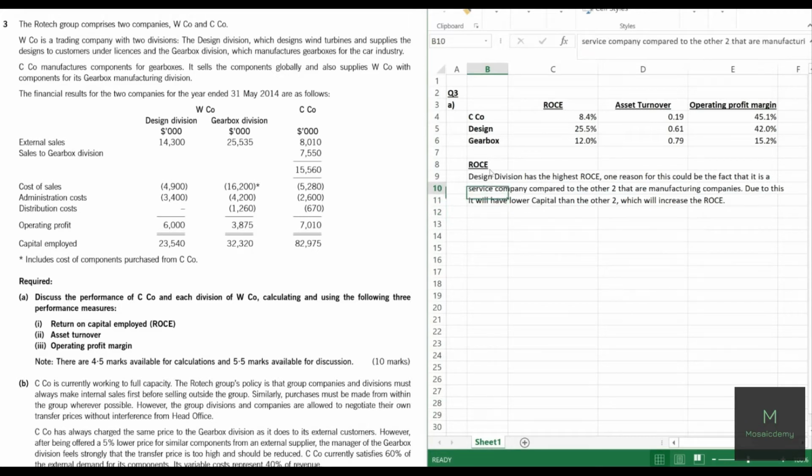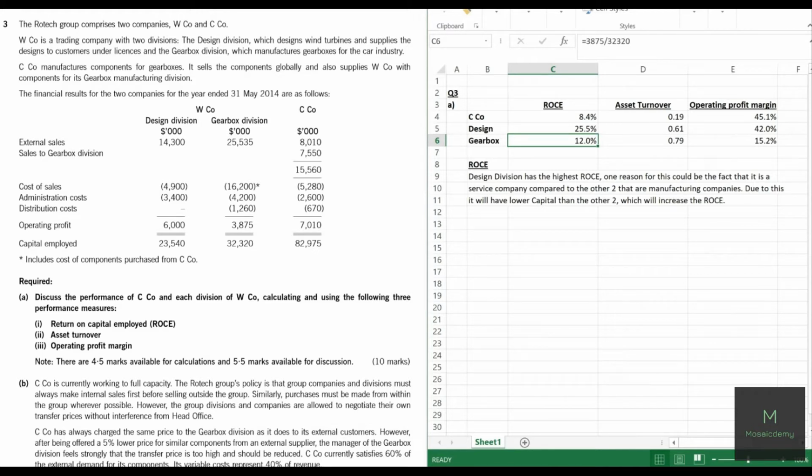And if we look at CECO, it has an even lower ROC than Gearbox. And now here we can't use the point that, oh, one's a service company, one's a manufacturer. Both of them are manufacturers. Why does CECO have a much lower ROC than Gearbox division? Okay, so it says Gearbox manufactures gearboxes for the car industry.